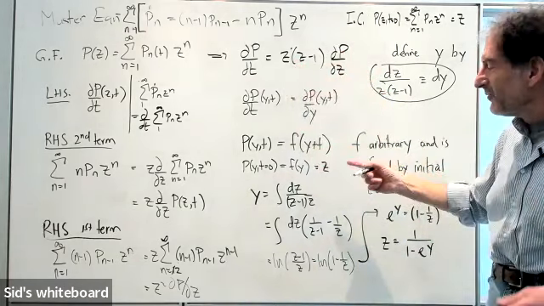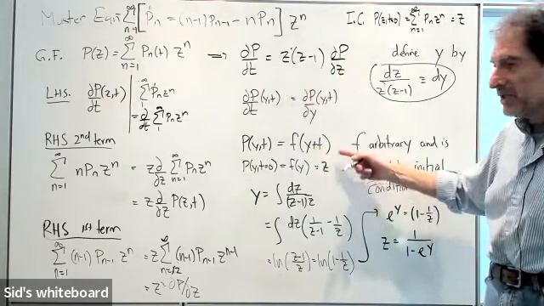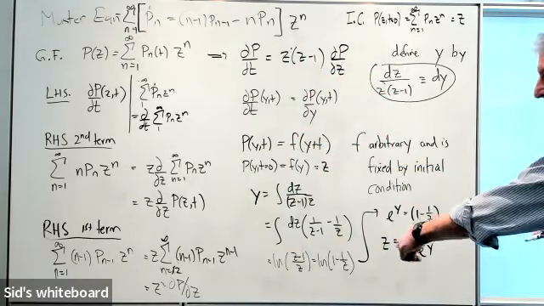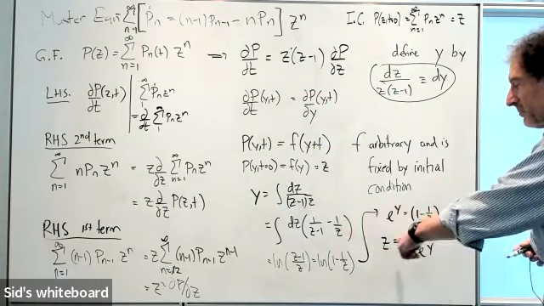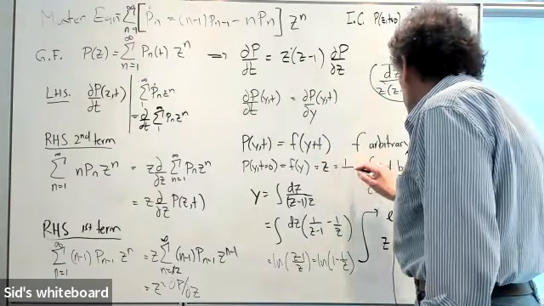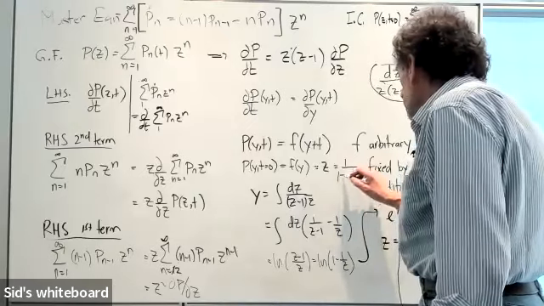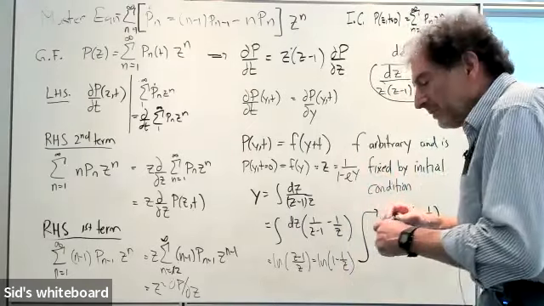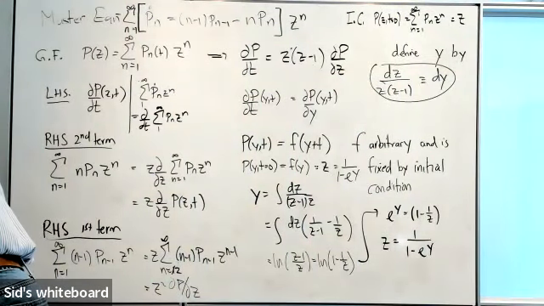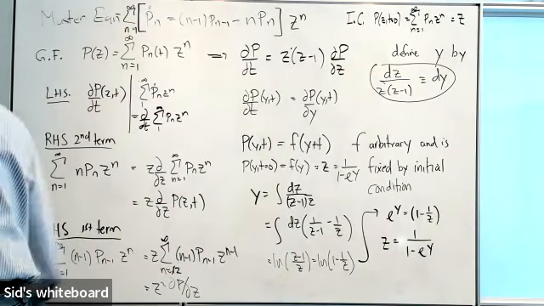And so we have to express the initial condition as a function of y, not as a function of z. But because the transformation between z and y is very simple, we know what the answer is. So here we have 1 divided by 1 minus e to the y. Let me erase now because it's getting a bit cramped, and I'll just rewrite this. Just bear with me a moment and ask a question if you want to ask.